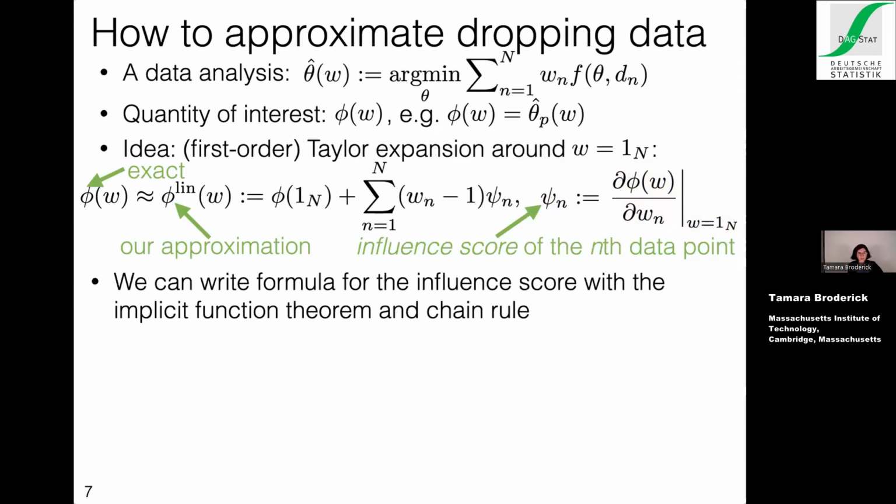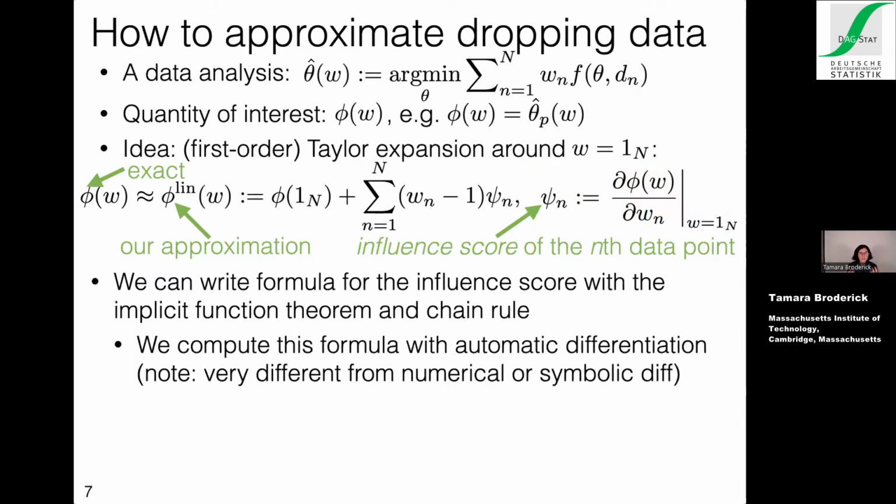We can write a formula for this influence score using the implicit function theorem and the chain rule and reduce it to derivatives of things like f with respect to theta. Now, those derivatives, in turn, we can compute with modern automatic differentiation tools, which hopefully you're familiar with.